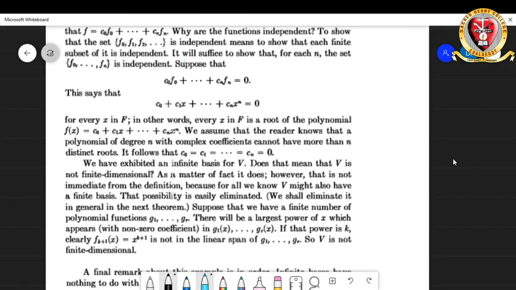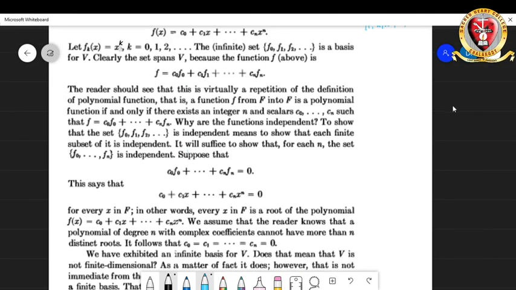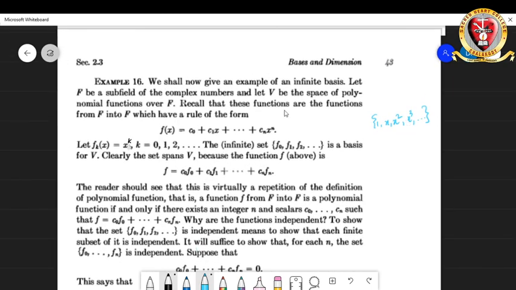So the set 1, x, x square, x cube, etc is a basis for the space of all polynomial functions over F, and that is an infinite set.